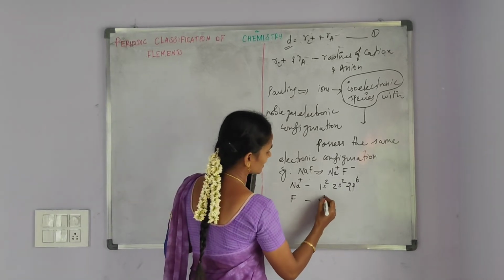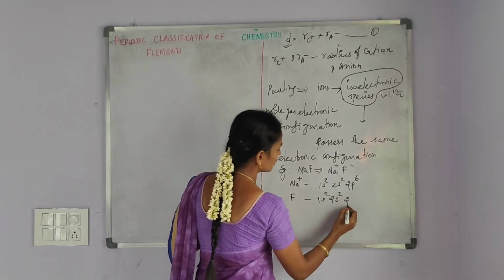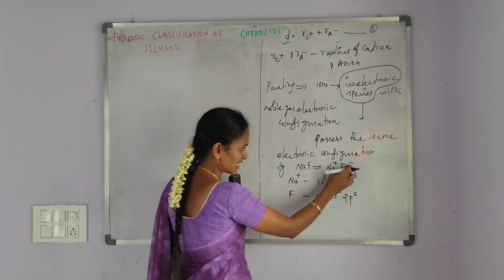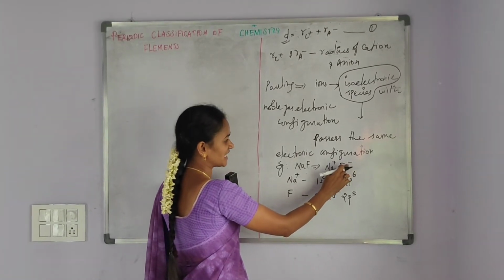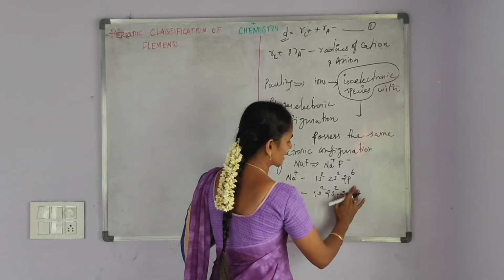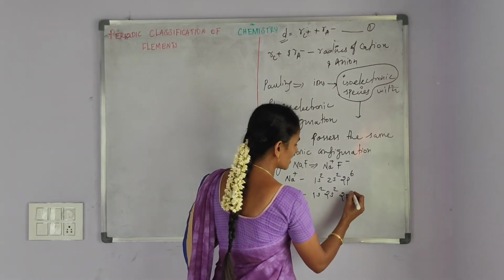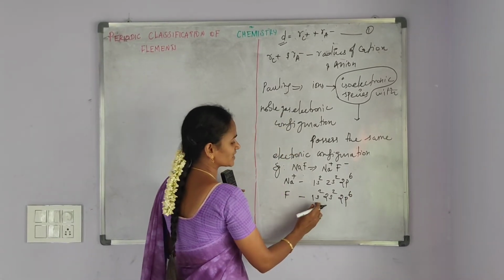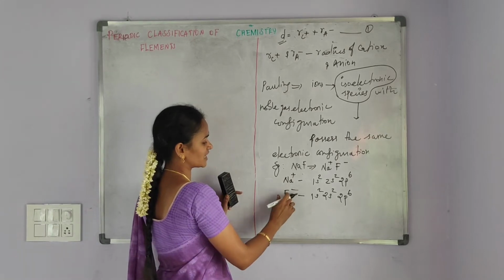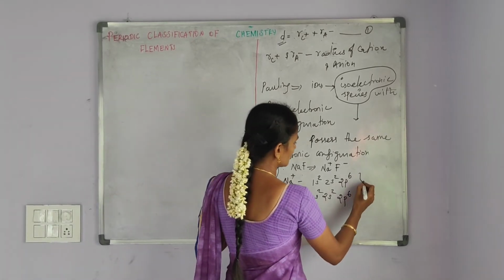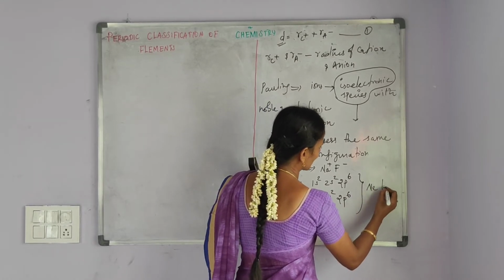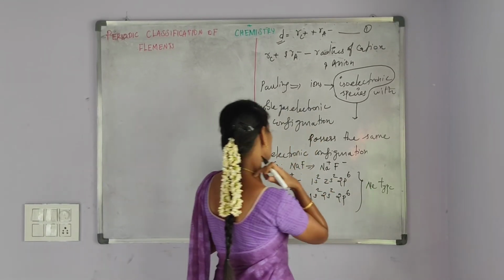Fluorine, its electronic configuration is 1s2, 2s2, 2p5. Here F minus, the negative charge indicates the excess of one electron. So the excess electron is added in the last p orbital. So 1s2, 2s2, 2p6 is the electronic configuration of fluoride ion. 1s2, 2s2, 2p6 is the neon type electronic configuration.